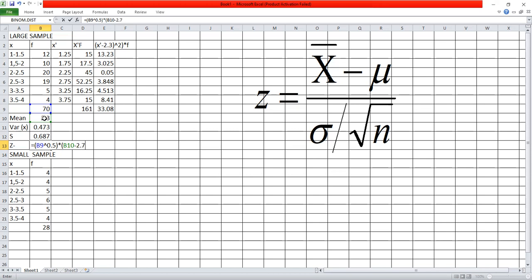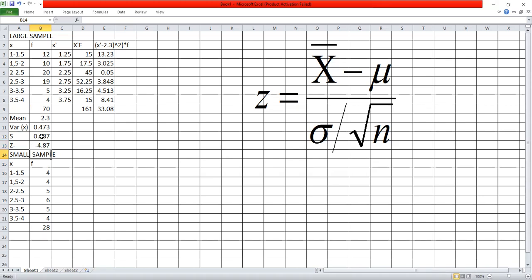I'm calculating the numerator, divided by sigma. What is sigma? This is it. Divided by this. So that is my z.